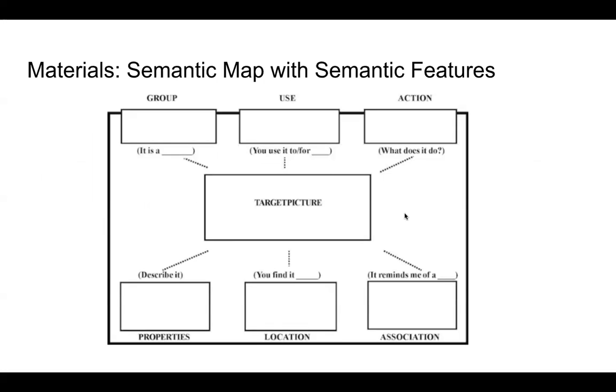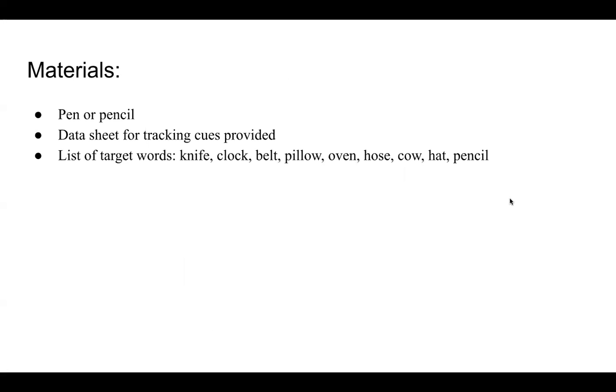These are the materials that you'll be seeing in the video that I will be showing right now. Again, this is the map that I will be using, but rather than the target picture, it will be a target word. I'll have a pen or pencil and a data sheet, which is just a sheet of paper for me marking down the cues needed.